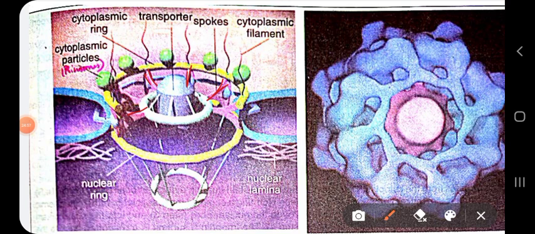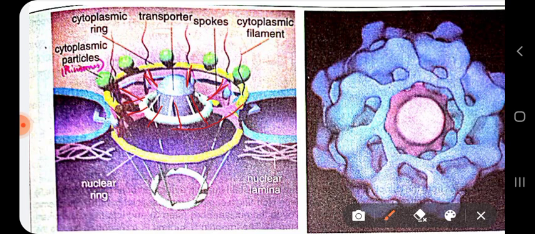A more easy diagrammatic view has been shown. You will see there are radial spokes right here, which join the plug to the rings. This plug will be acting as a transporting agent. It helps to transport molecules out of and into the nucleus. Now the hole in the center of the nuclear pore complex is a channel.